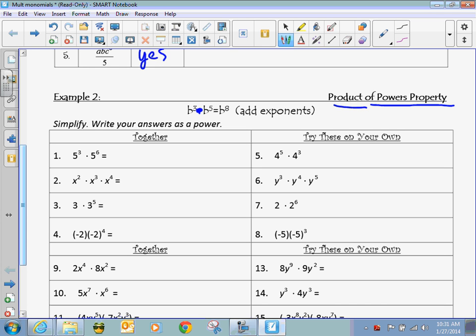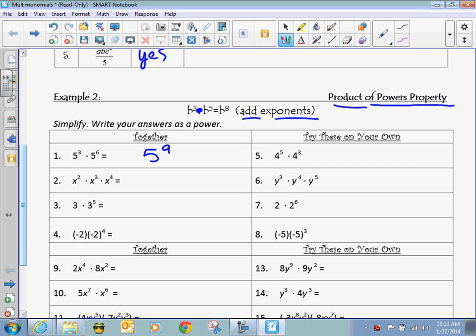The reason why is this is a multiplication property. We're multiplying these two, so you're going to add the exponents. That's basically what the product of powers property is. So if I have 5 to the 3rd times 5 to the 6th, I'm going to just add 3 and 6 together, and I'll get 5 to the 9th.